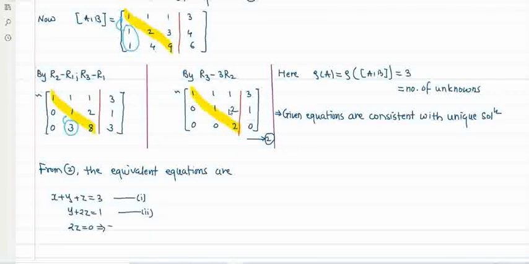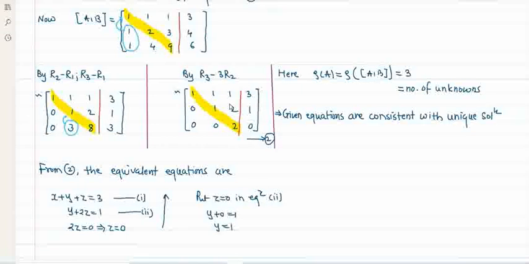This implies what is z? 0. And you have to use back substitution. Put z equal to 0 in equation 2. What will you get? y plus 0 equals 1, so y is equal to 1.